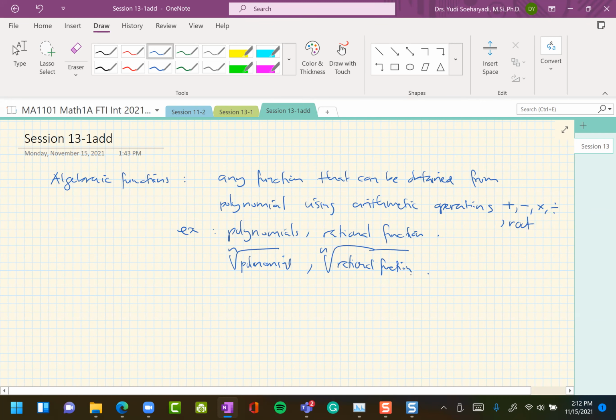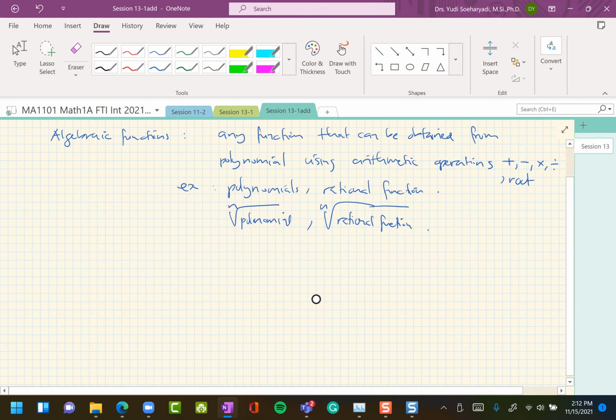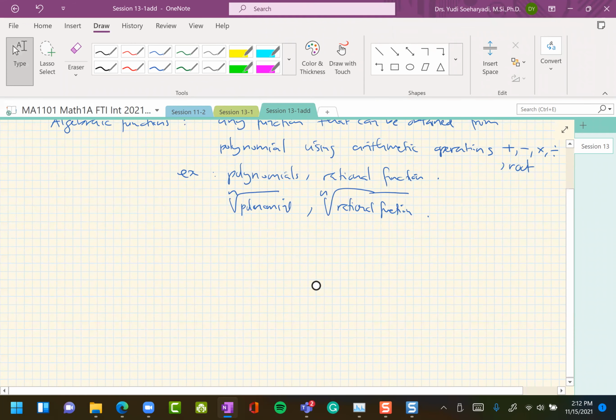So this is algebraic. Something that's not algebraic is called transcendental.